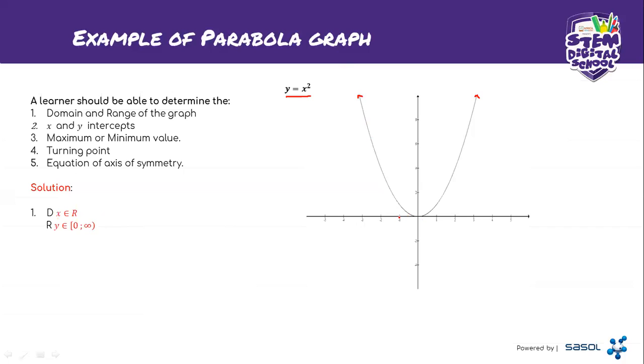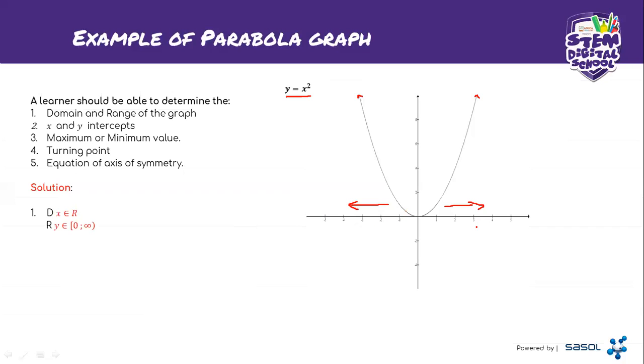Remember, domain refers to the values of X. You can see this graph still continues. Going in this direction, the graph goes to negative infinity, and on this side it goes to positive infinity.